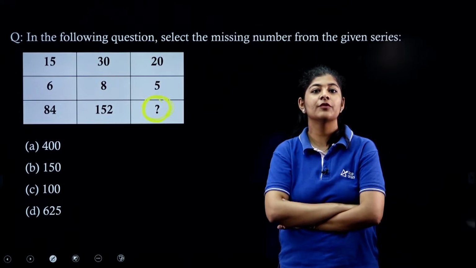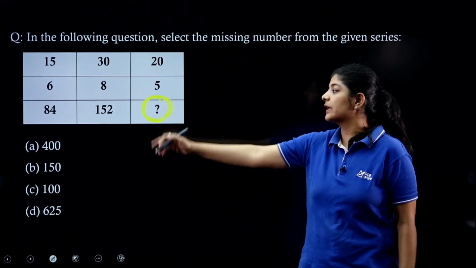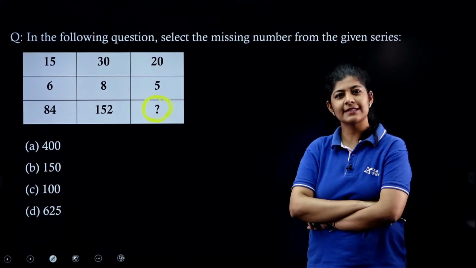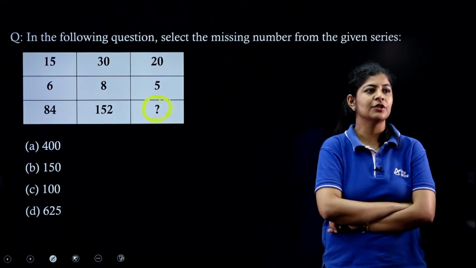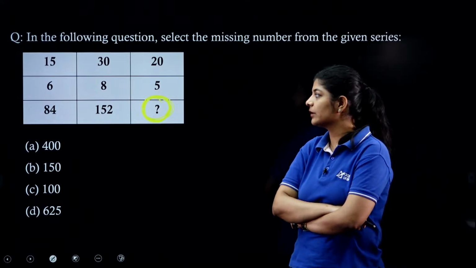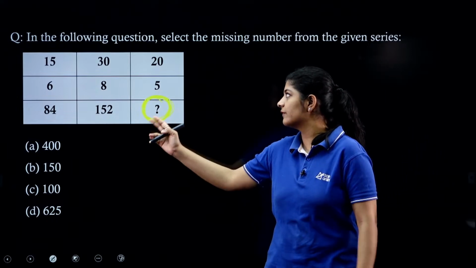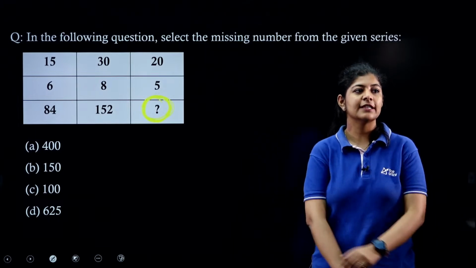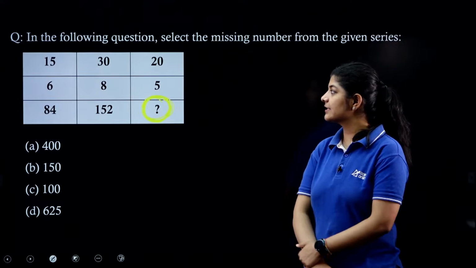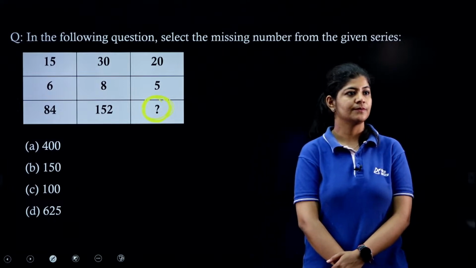You simply need to figure out the value of this particular question mark. There's some relation maybe in some row pattern or some column pattern. You need to figure out the pattern first and let me know what value you are getting at the place of this one. Very good. Now just start solving this particular question.